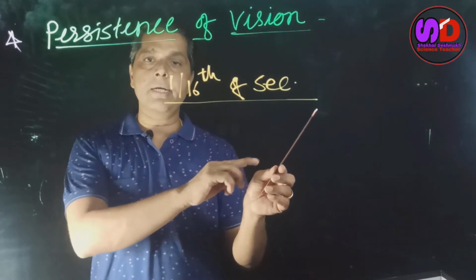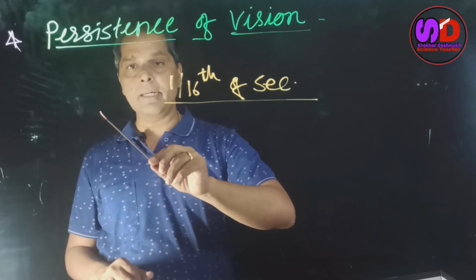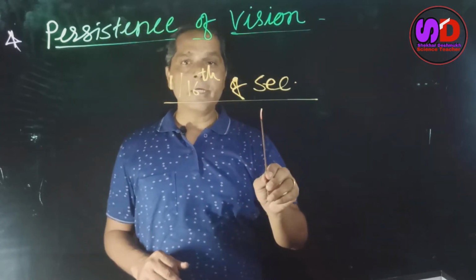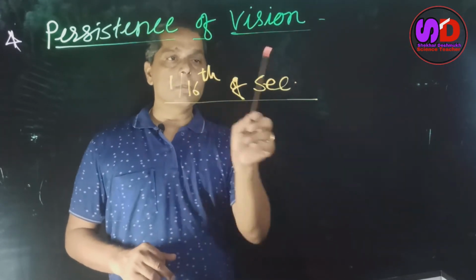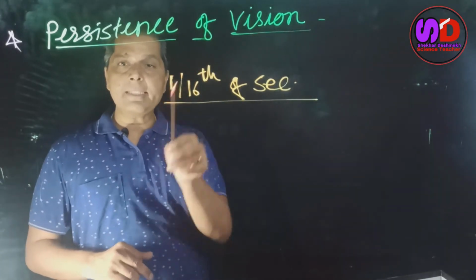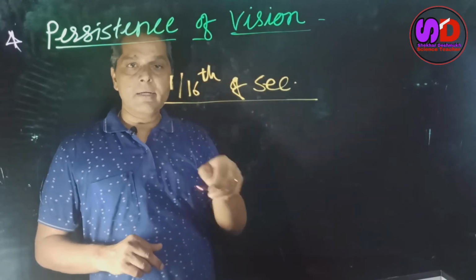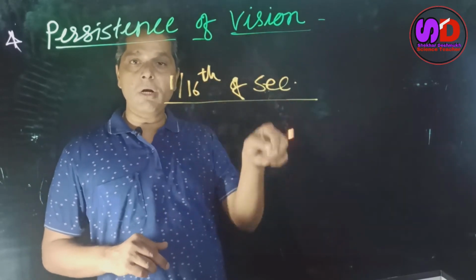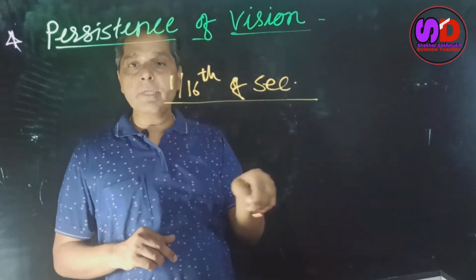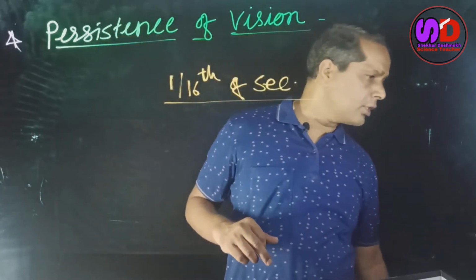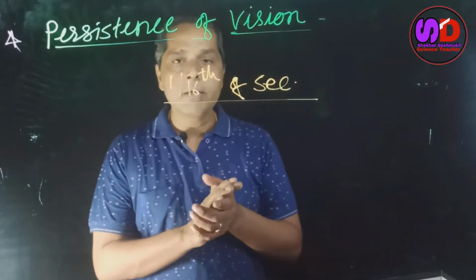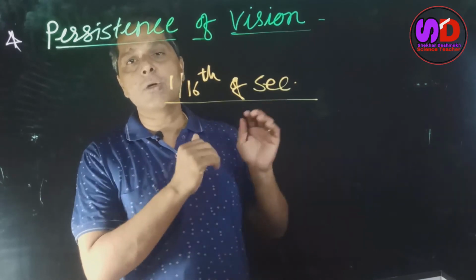You can see it here, I place it like this. You can see it there, here. But now we can see the complete circles of fire, because the new image is formed here within 1/16th of a second.